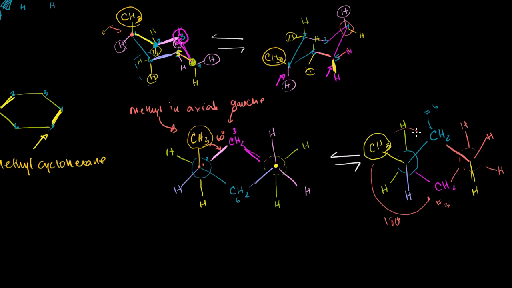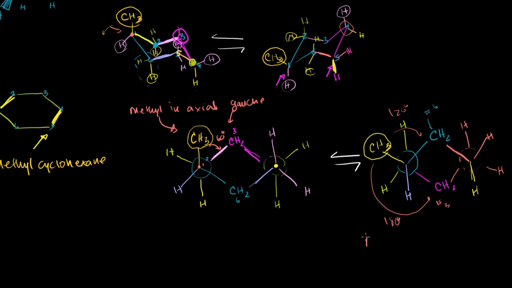And now its dihedral angle to carbon number 6 is also 120 degrees. So in this situation, where our methyl group is equatorial, it's axial here and equatorial here when we jumped back down, because notice the bond is parallel to parts of the ring. In this situation, we are farther away from the other methyl groups. There's less crowding, and so this is a more stable situation.